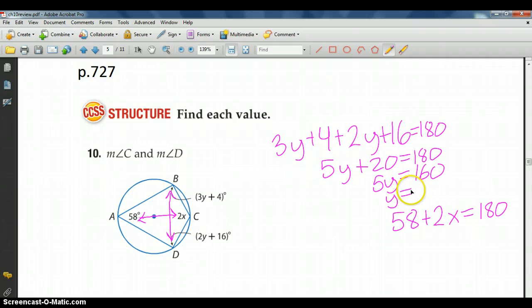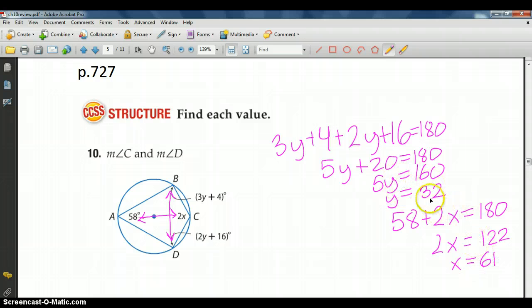And we should get y is equal to 32. For the other equation, we will subtract 58 first from both sides, and then we'll divide both sides by 2, and x is equal to 61.